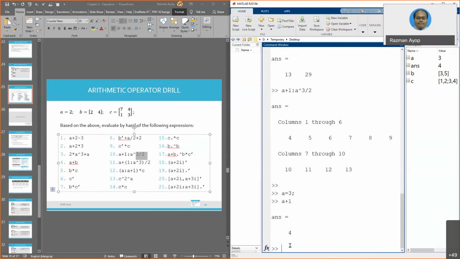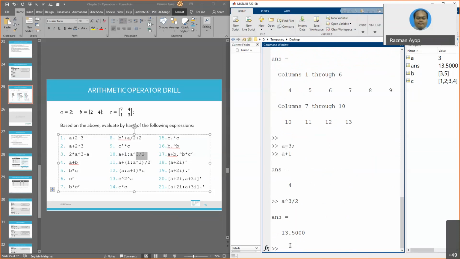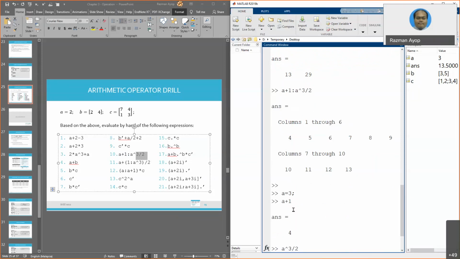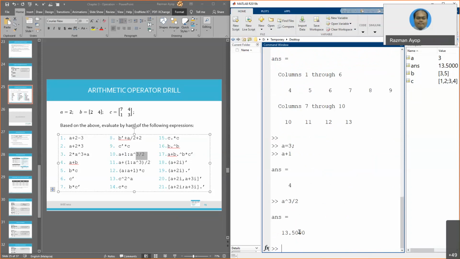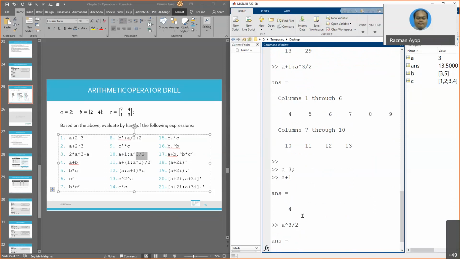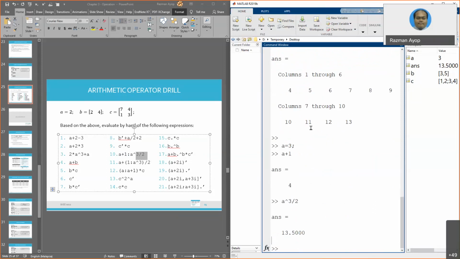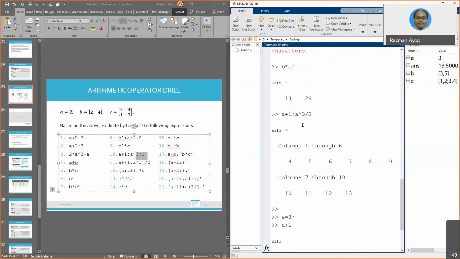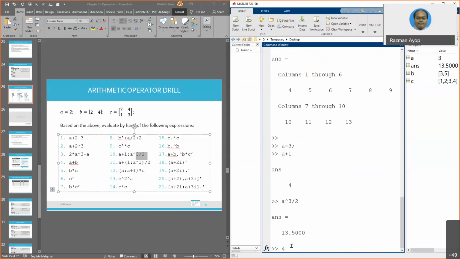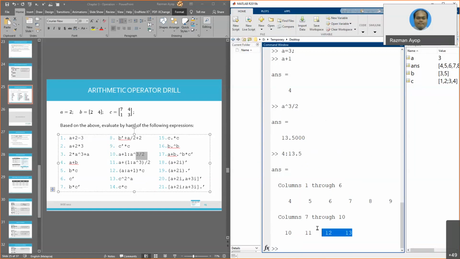This one is 13.5. So basically 3 power of 3, 27 divided by 2, 13.5. So that is why after you put this together, 4 until 13.5. So you will get this value.